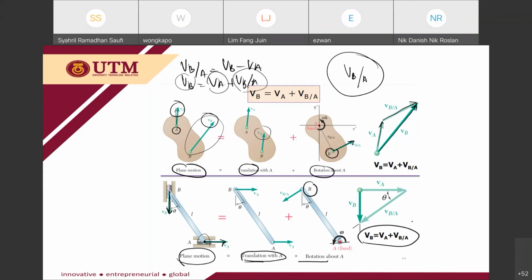Then you can draw the triangle. Basically it's not fixed. Either it's translation with A plus rotation about A, or you can choose another point.